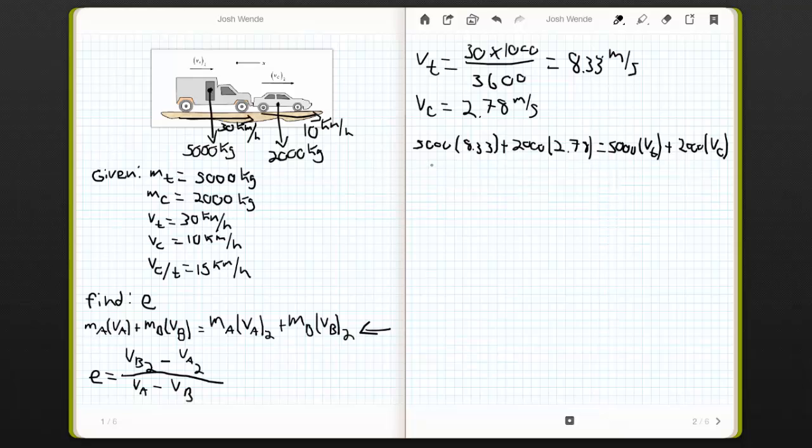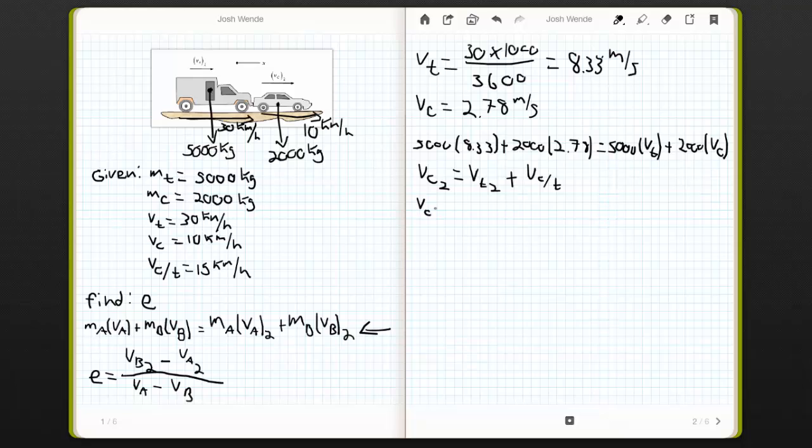We're going to use the equation: final velocity of the car equals final velocity of the truck plus VCT, which we know from our given to be 15 kilometers per hour.